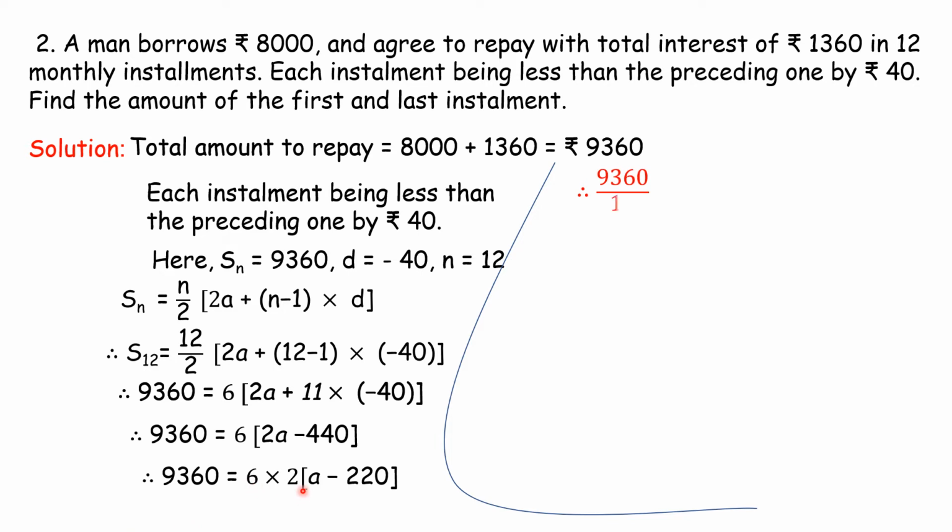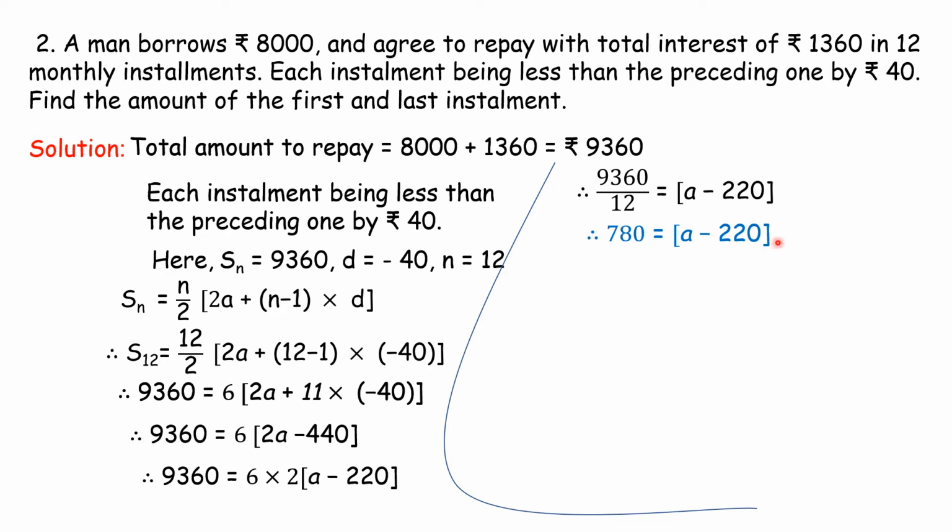Now this 12 we bring on the left hand side. Here we divide by 12, we get the answer, that is 780 is equal to a minus 220.